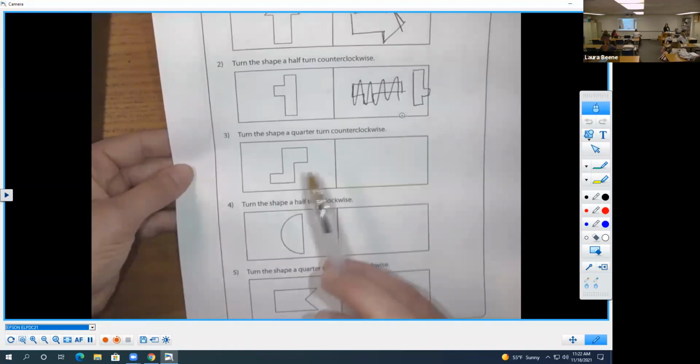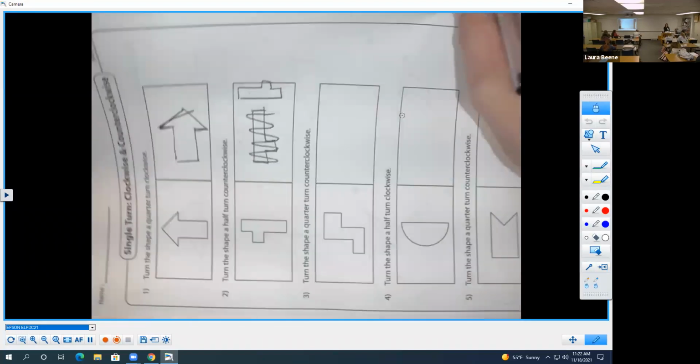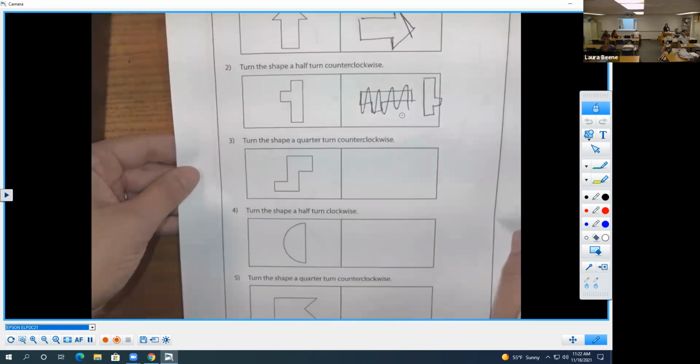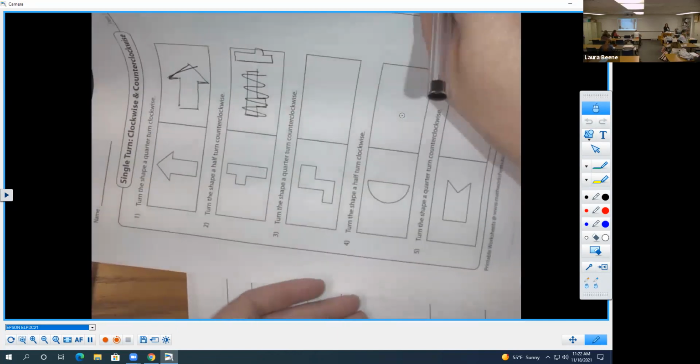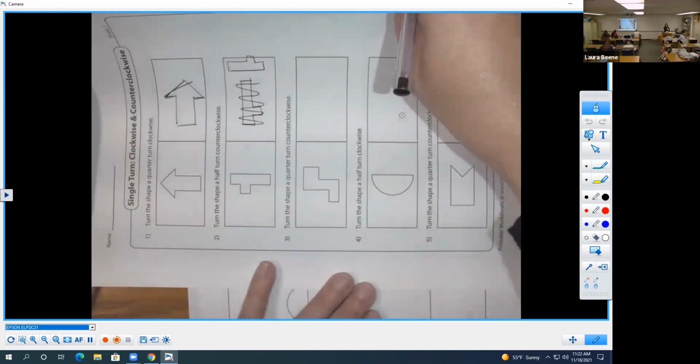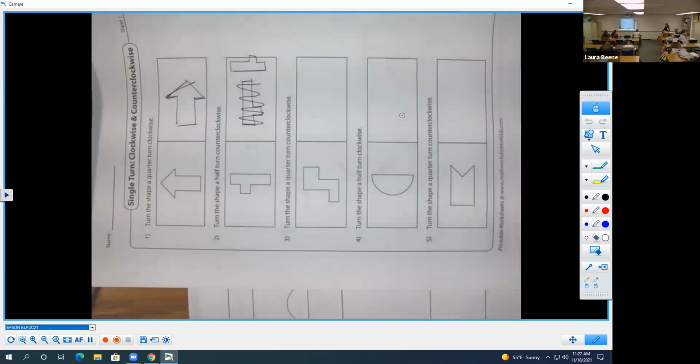Does that make sense? Okay, so again, a quarter turn is turn your paper one time to the left. When you're drawing this, I'm drawing on the board so I can match it up first. Just make sure that one is bigger than that one.